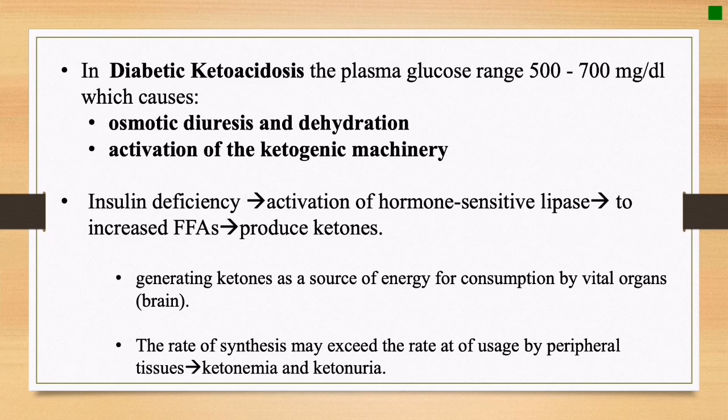The ketones can be used as a source of energy for consumption by vital organs like the brain. But if the rate of ketone production exceeds the rate of utilization by the peripheral tissue, this may lead to ketonemia and ketonuria. Ketonemia is defined as a high concentration of ketone bodies in the blood. Ketonuria is the presence of ketone bodies in the urine.